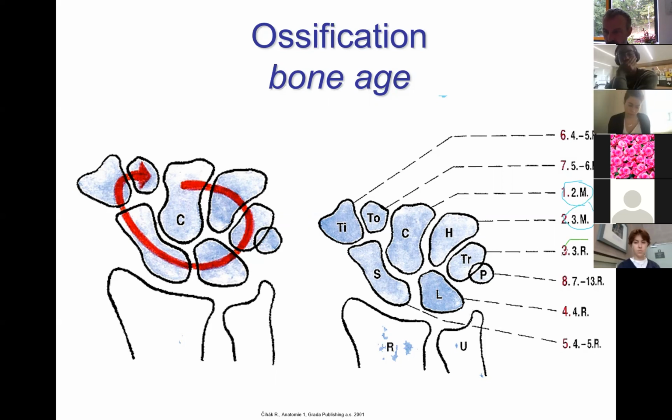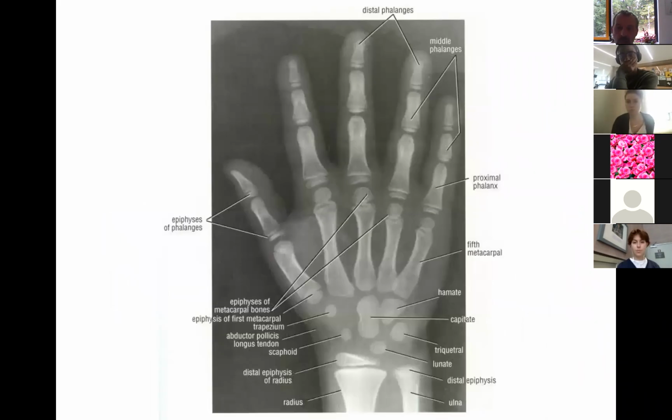And we continue in the 3rd year with triquetrum, and 4th year with lunate and scaphoid, and trapezium, and 5th to 6th year with trapezoid. And then there's another gap, and we continue at the beginning of puberty with pisiform. Yeah, and this can help us to find out how old this person is.